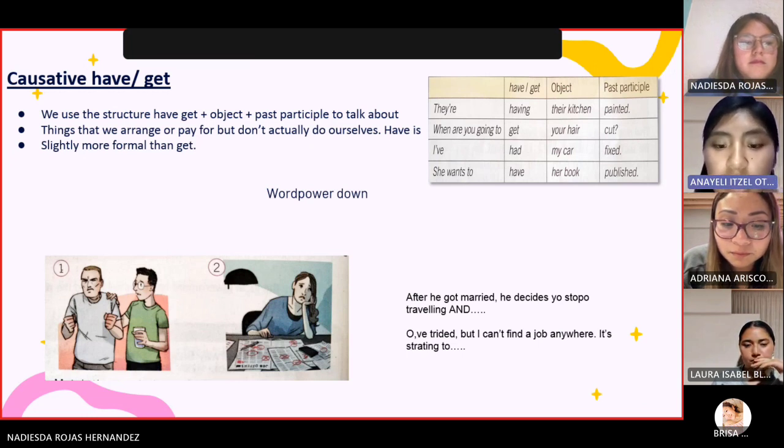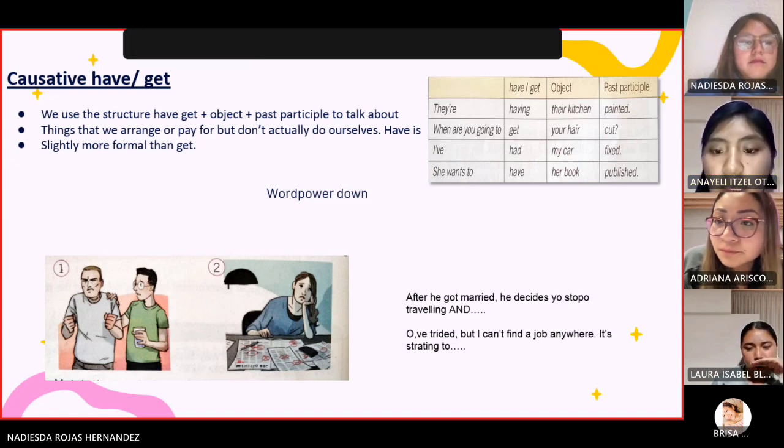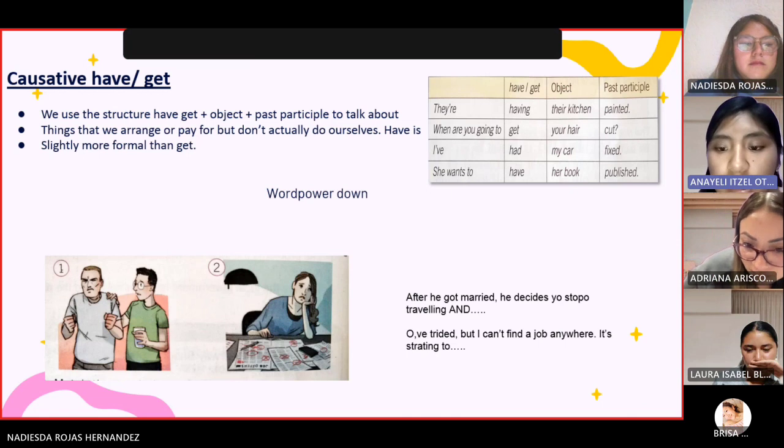We can see in the table, for example, column number 1, have and get, an object and past participle.